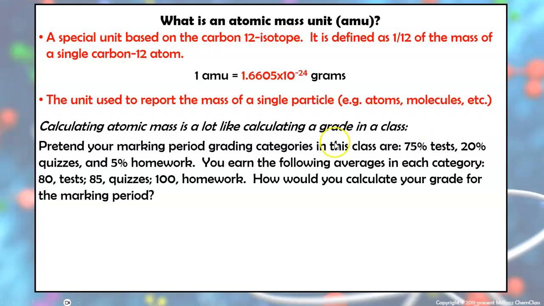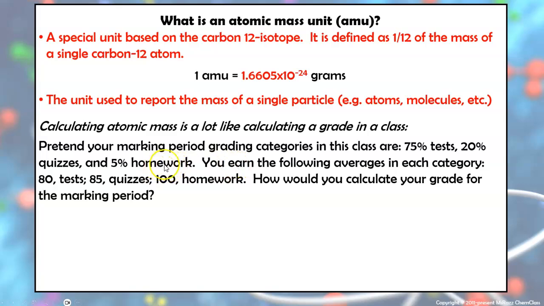So we're going to pretend this is the way that your grade is weighted. It's 75% on tests, 20% on quizzes, 5% on homework.